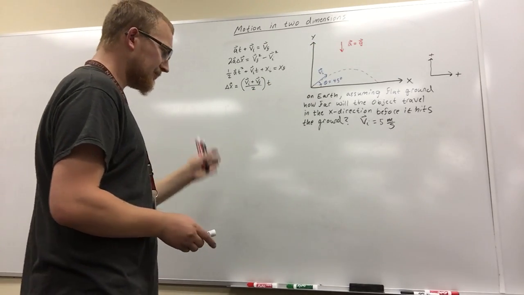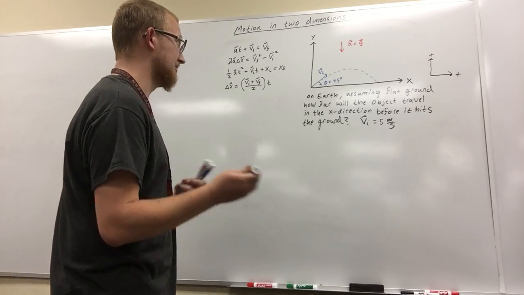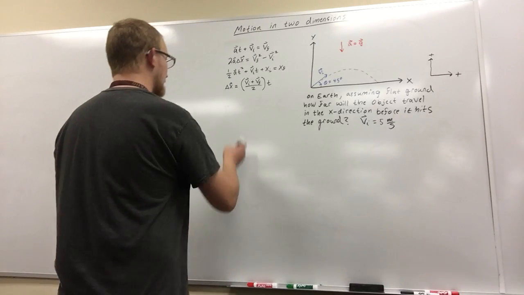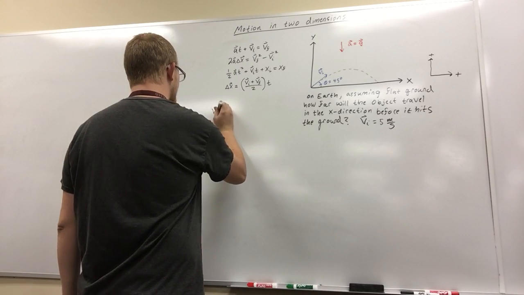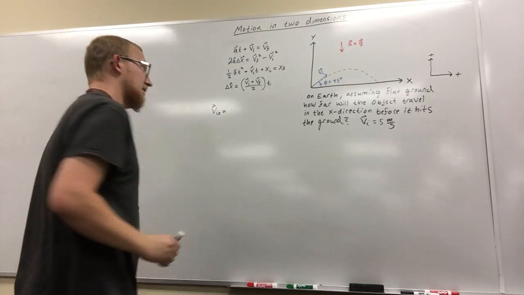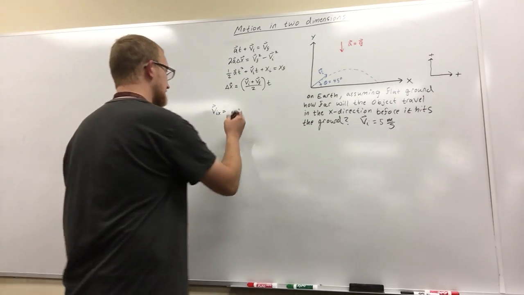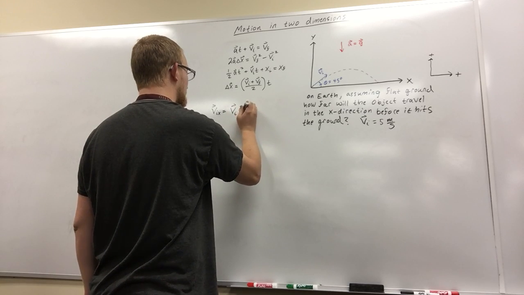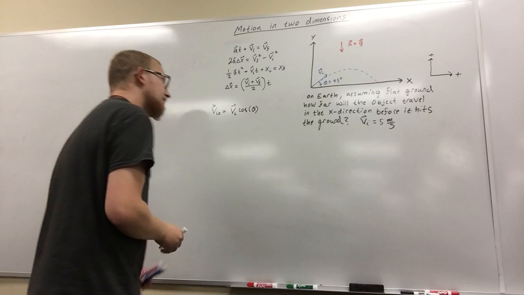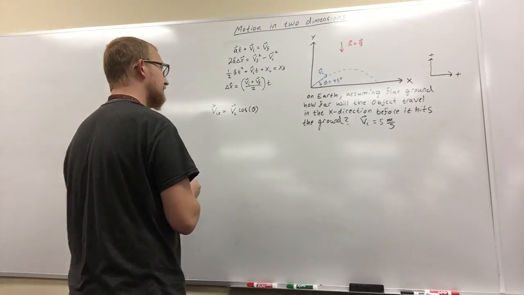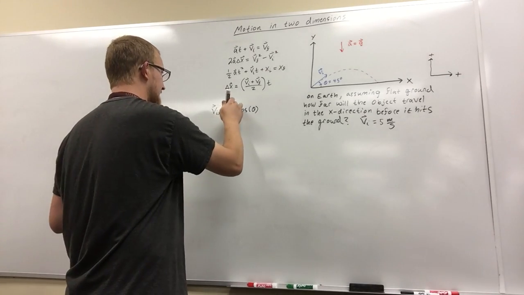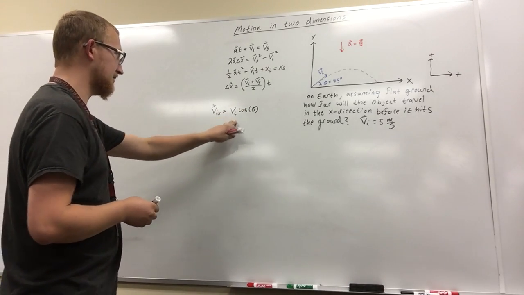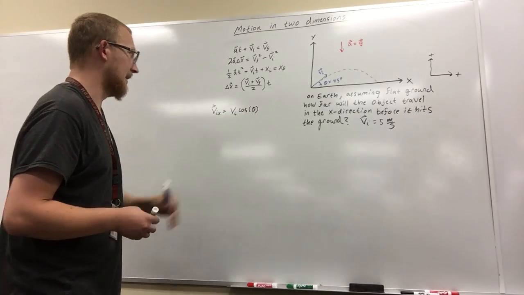And so the first step, just like we discussed in last video, is to break VI into components VIY and VIX. We want to find VIX, the initial component of velocity in the x direction, which is going to be VI cosine theta. Actually I should not put a vector sign over VI, because I'm just taking the magnitude of VI and the cosine of theta.